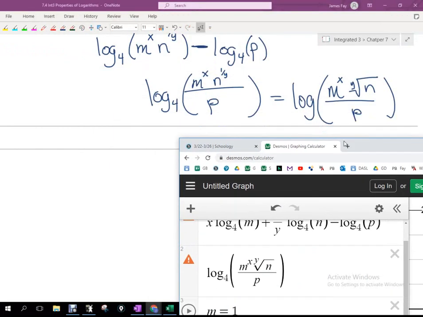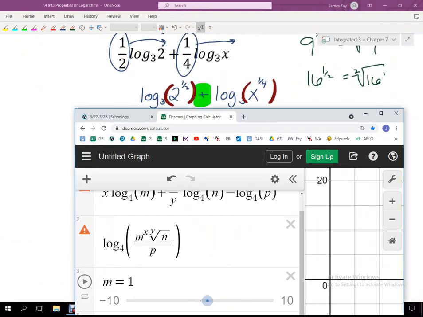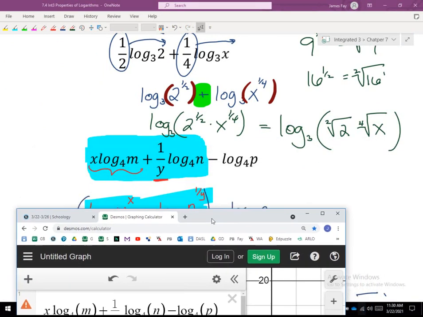All right, so what I think is happening here, so make sure I type this in right. I think it's having issues because of the complexity with the x. So x log 4m. Okay.